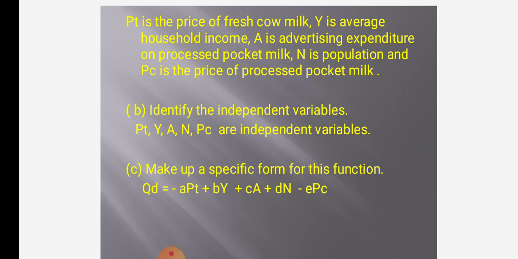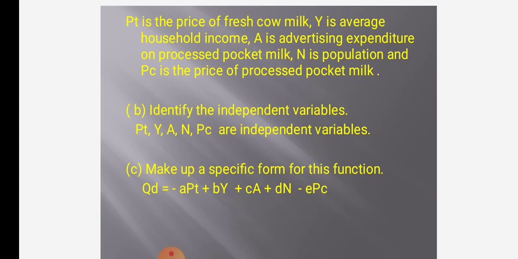Now, Y is the income of the person, so give a coefficient B for that value. When income increases, the quantity demanded also increases, so it takes a positive sign. That is why we are writing plus BY. Next is advertisement. When advertisement increases, people tend to buy more, so advertisement with coefficient C takes a positive sign.